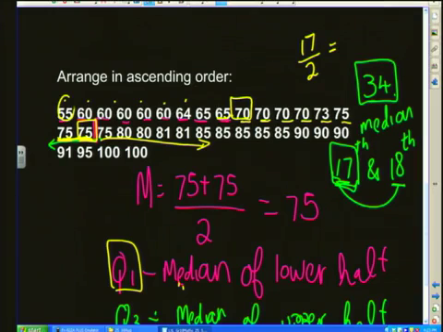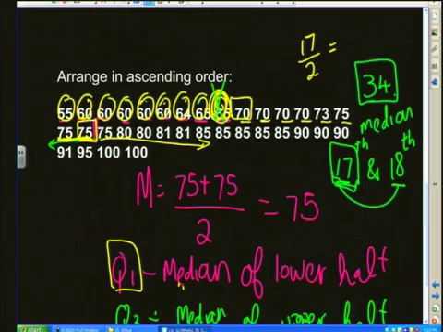So let's count again. We've got 1, 2, 3, 4, 5, 6, 7, 8, 9. All right. Let's look at the number of values below the 65 and the number of values above that 65. Here I've got 1, 2, 3, 4, 5, 6, 7, 8 values. And then there's my median of the lower half.